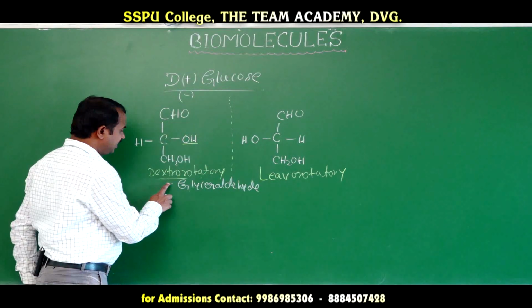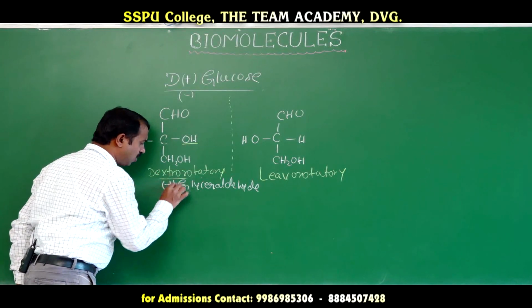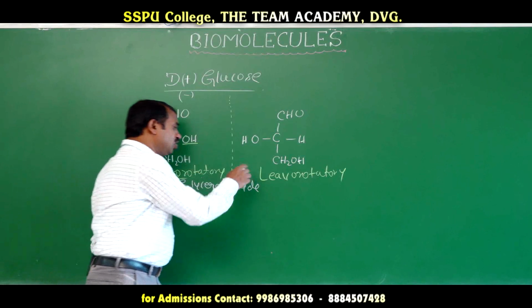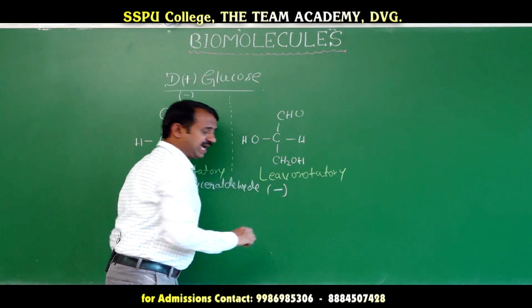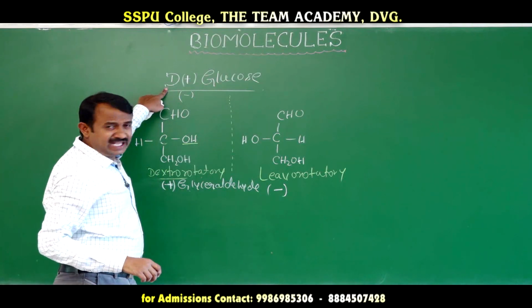Clockwise direction means a positive sign, and levorotatory means a negative sign. D is fixed for D glucose.